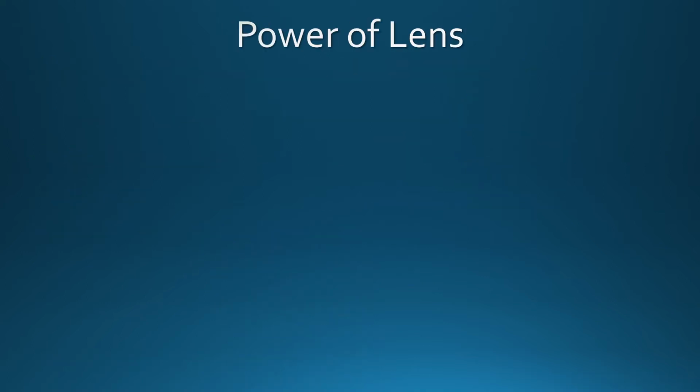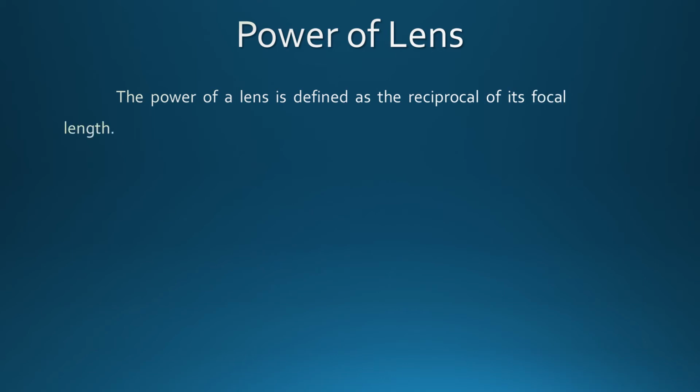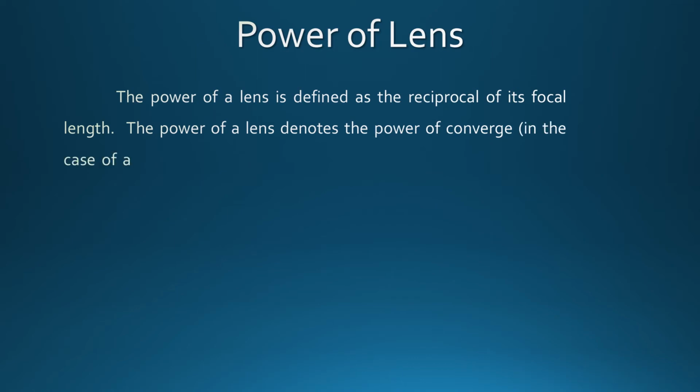Let's understand what is the power of a lens. The power of a lens is defined as the reciprocal of its focal length. The power of a lens denotes the power of convergence in the case of a convex lens or the power of divergence in the case of a concave lens.